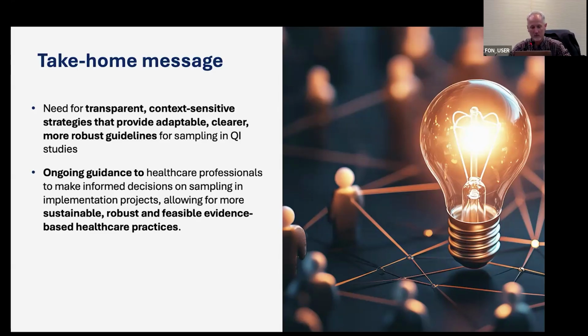And this will mean that we can produce more sustainable work, more robust work, more feasible evidence-based healthcare practices that have wider relevance. And to me, that's actually the true goal here, that the improvement work that nurses in particular do be more respected, more sought after, because it has a sustainable, robust basis that can be used for EBP elsewhere.